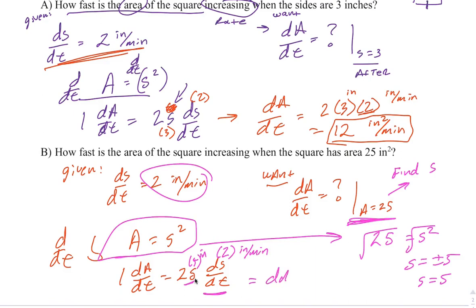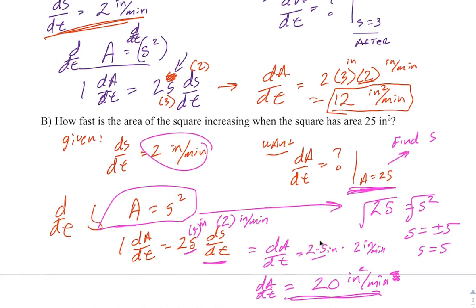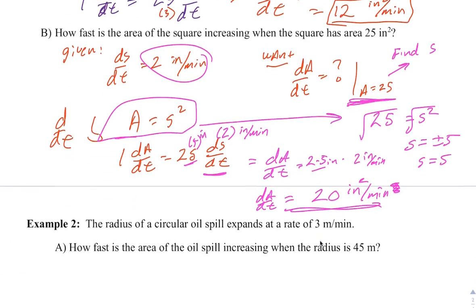I get dA/dt equals 2 times 5 inches times 2 inches per minute, which gets us 10 times 2 is 20 inches squared per minute, sorry. And that's the rate at which our area is changing. So every minute it's increasing by 20 inches squared. So let's move on to the next one, now that our feet are wet.